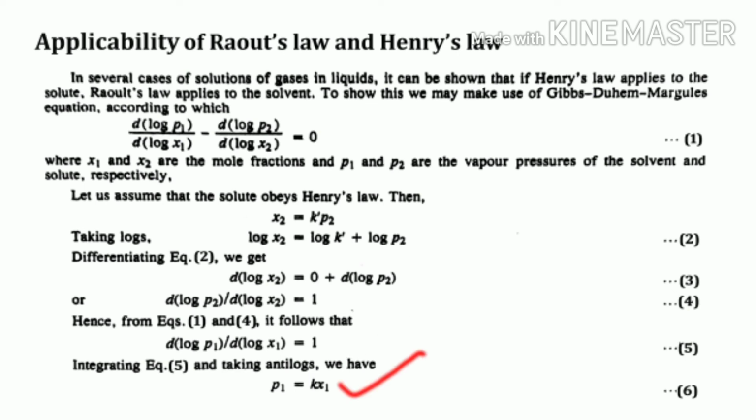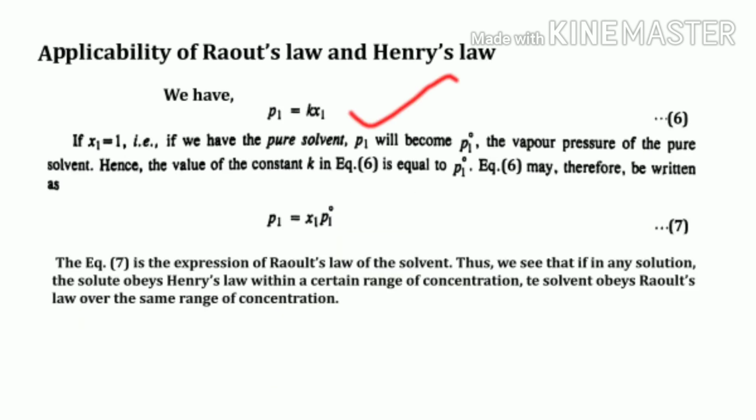Integrating equation 5 and taking anti-logarithms, we get P1 is equal to k into x1. Give it equation number 6. Here in this equation, if x1 is equal to 1, that is if we have the pure solvent, P1 will become P1 naught, the vapor pressure of the pure solvent. Hence the value of the constant k in equation 6 is equal to P1 naught.